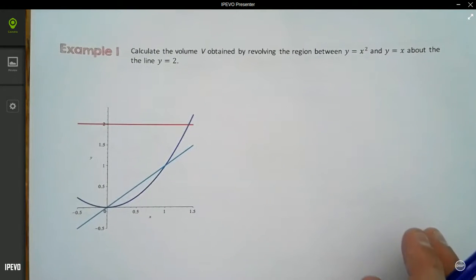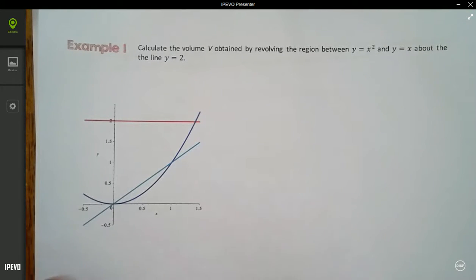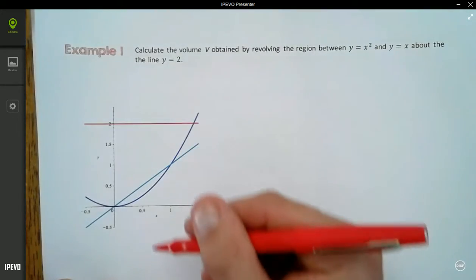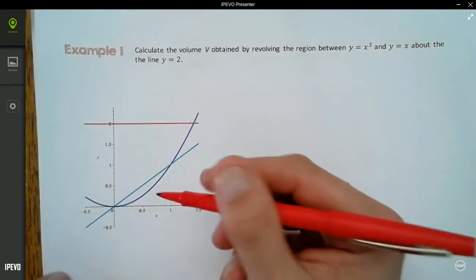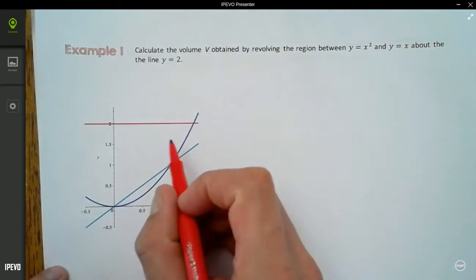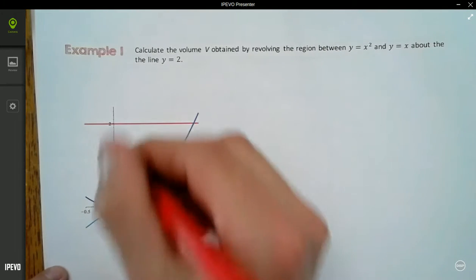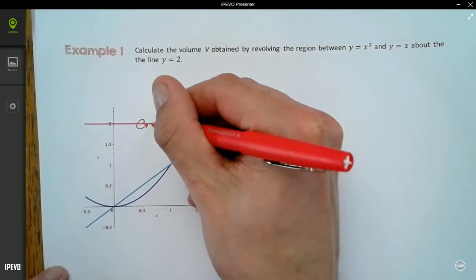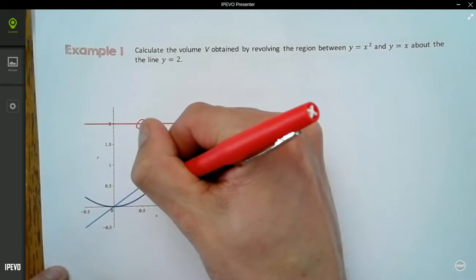The first thing you want to do is try to find big R of x and little r of x. I'm rotating around a horizontal line, so I draw a line from what I'm revolving around, the line y equals 2, all the way down to the furthest function.